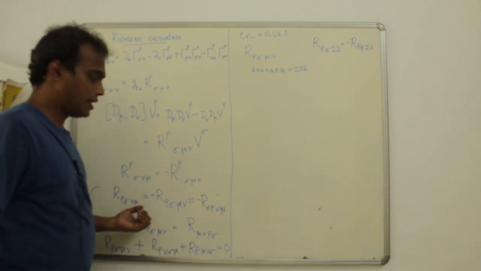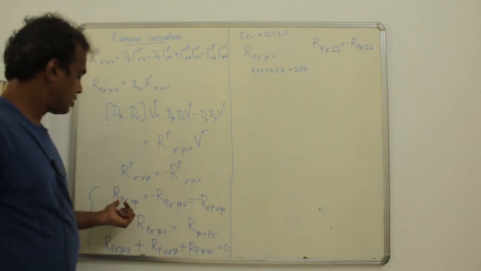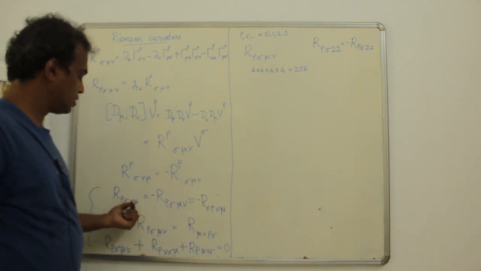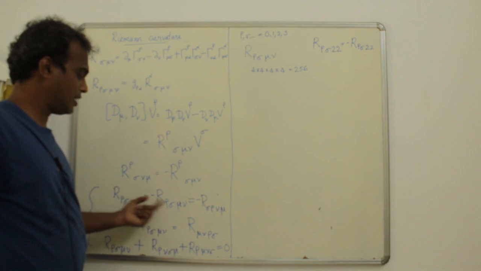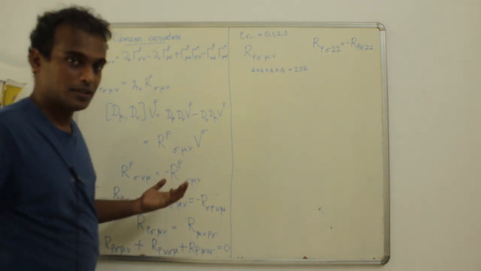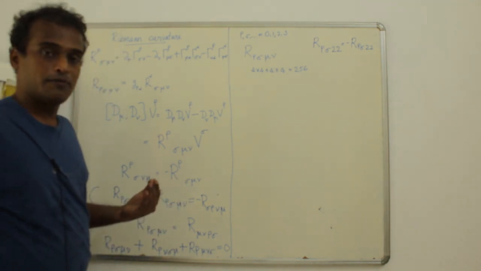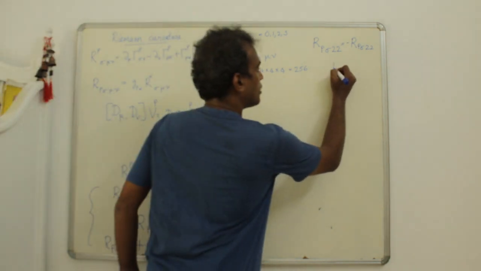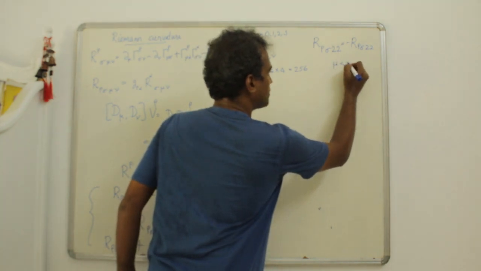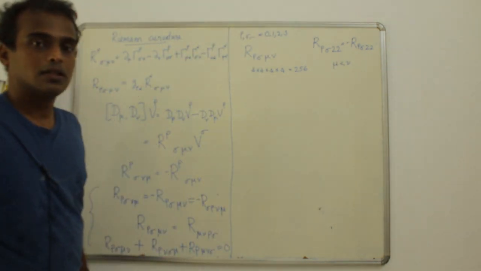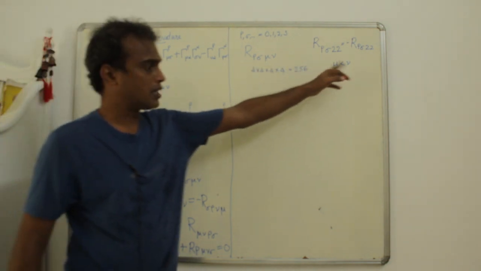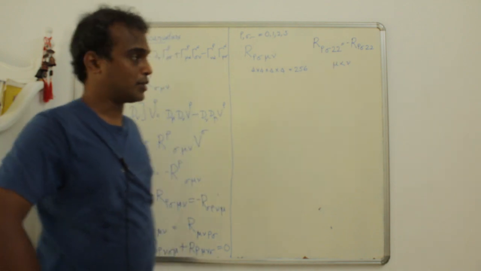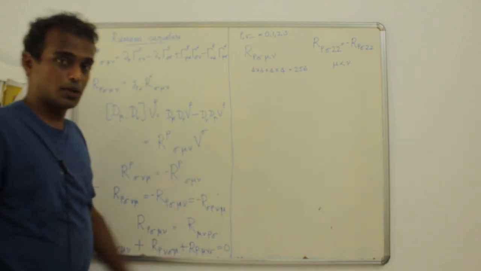That too, even when they are different, if I know R rho sigma mu nu, it is easy for me to find R rho sigma nu mu because it is the negative of the other. Hence, it is good enough for me to find how many possible components there are where mu is less than nu. The other case where mu is greater than nu can be found if you know what this particular component is.